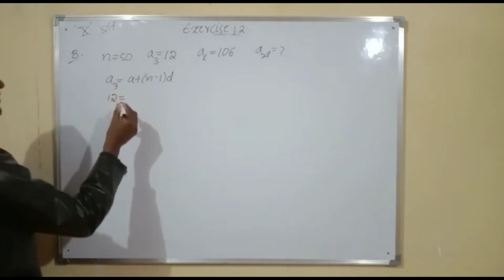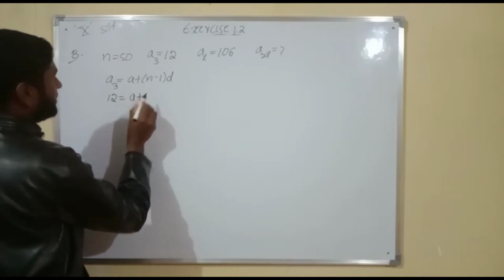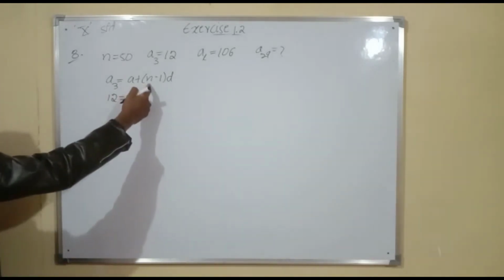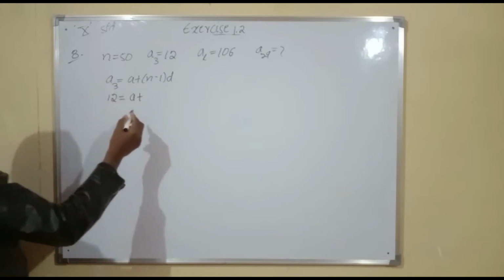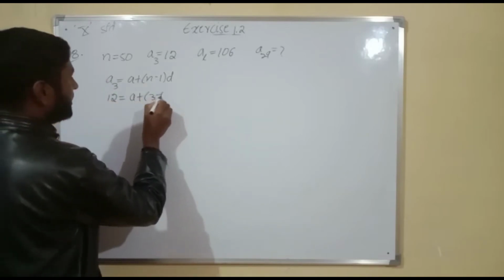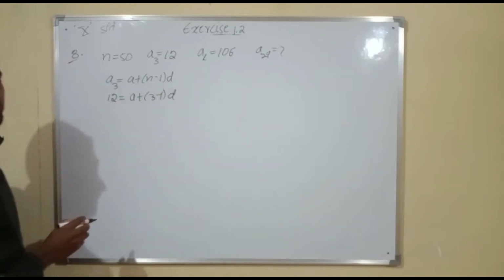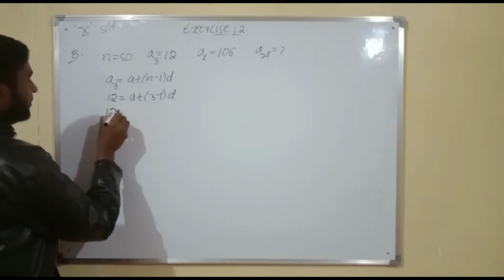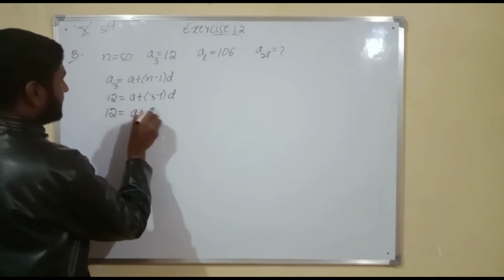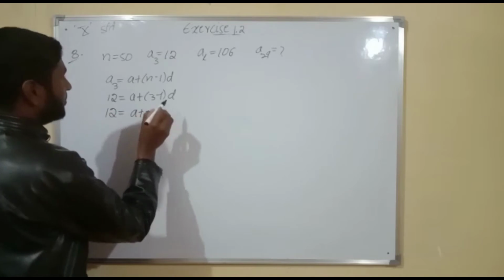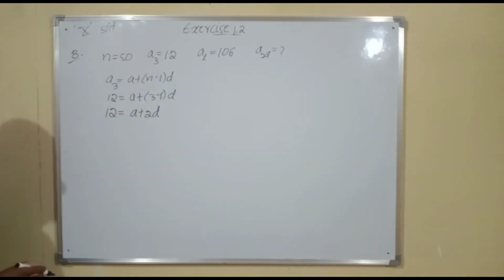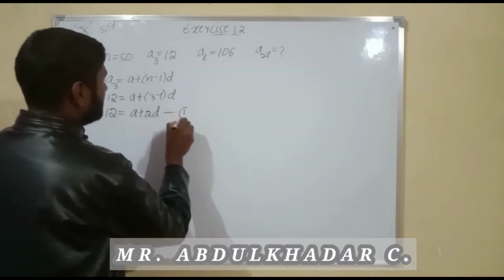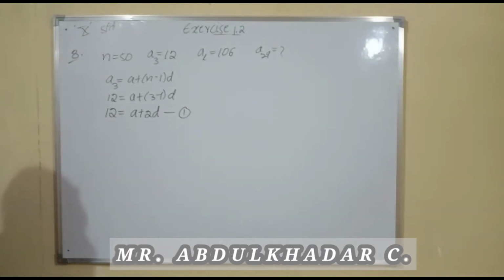We don't know A, so keep it as A, and D. And n is nothing but 3. So 12 is equal to A plus 3 minus 1, which is 2D. Let it be equation number 1.